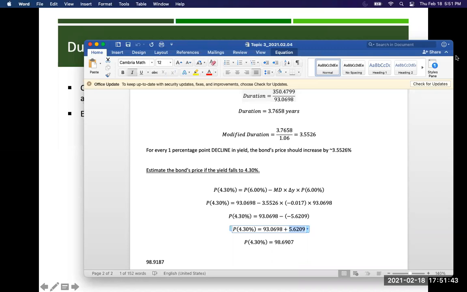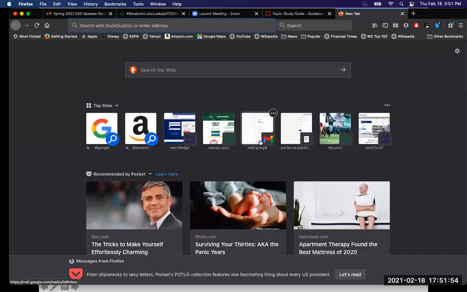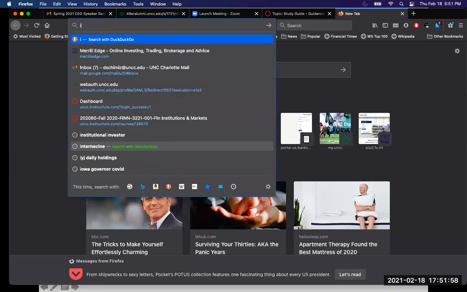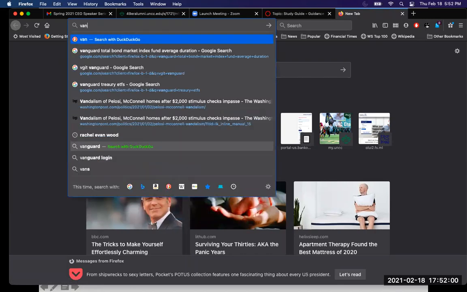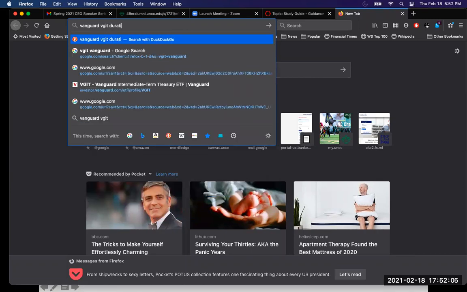The point of calculating duration is really just to get a sense for how interest rate risk exposed you are. And so if you look at funds, let me actually pull up a fund here. Vanguard duration.